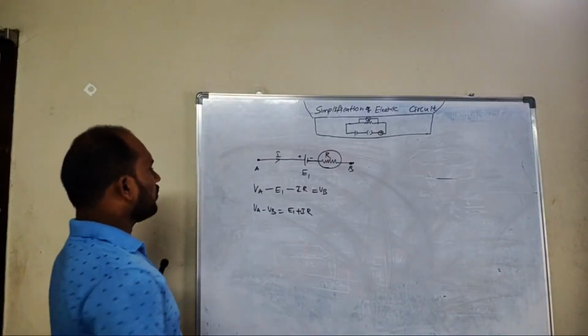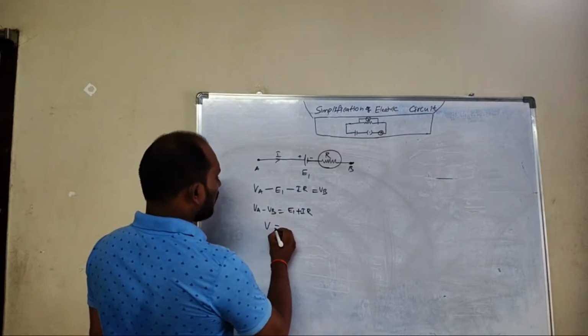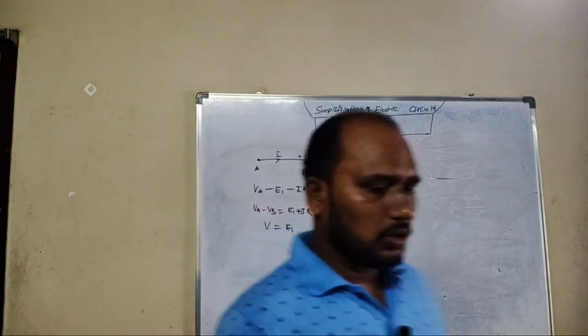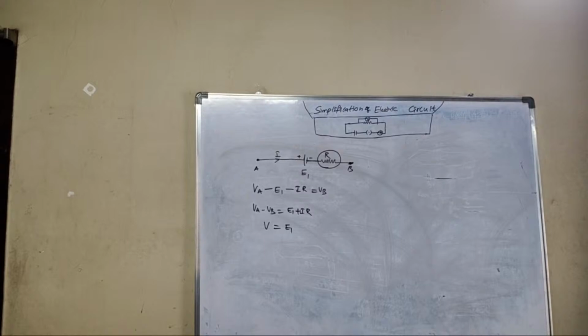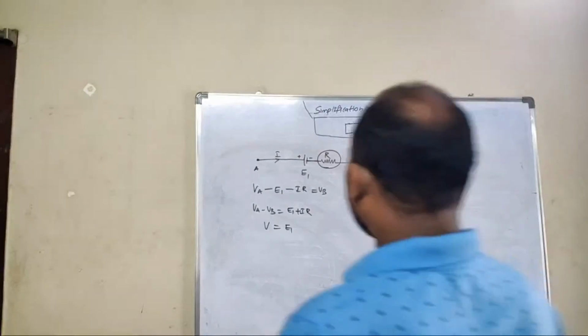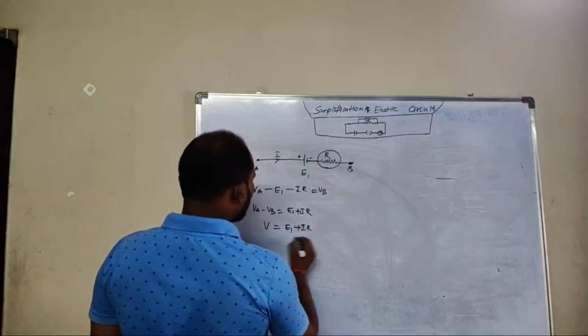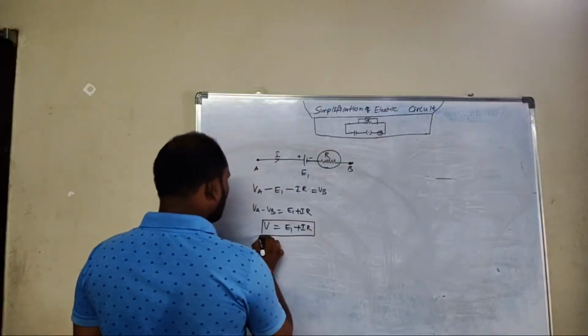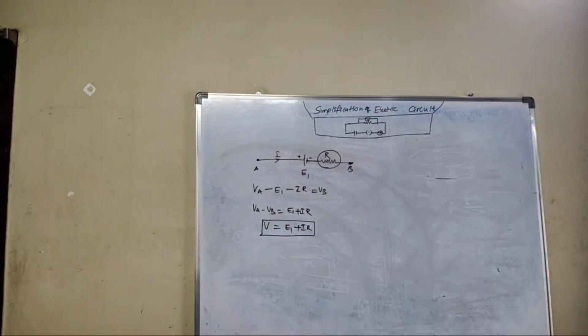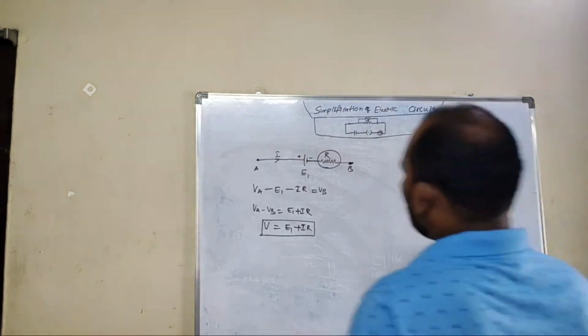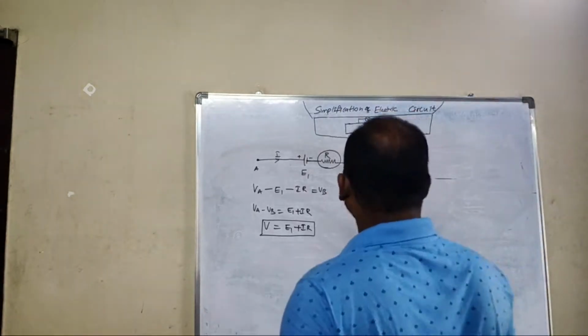VA minus VB, guys, is equal to V. V is equal to E1 plus IR. This is the way we implement Kirchhoff's loop law, in a very simple manner. V is equal to E1 plus IR.